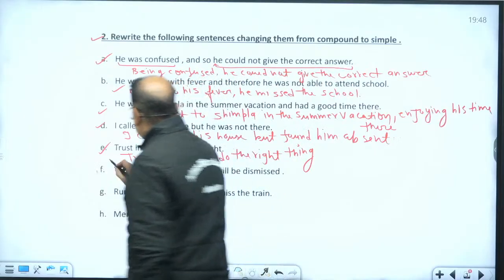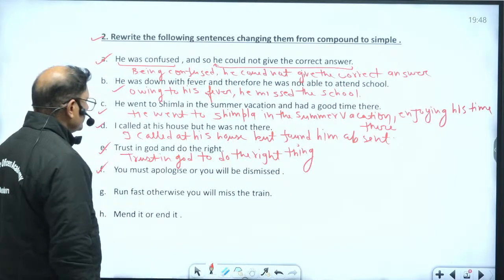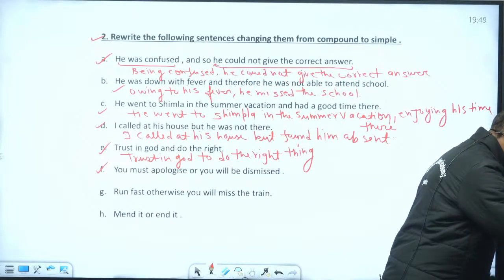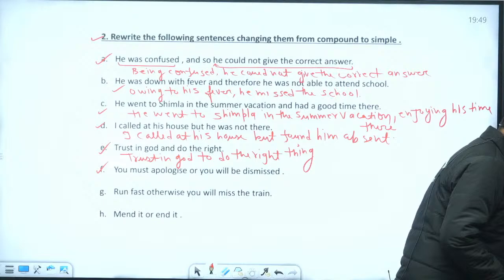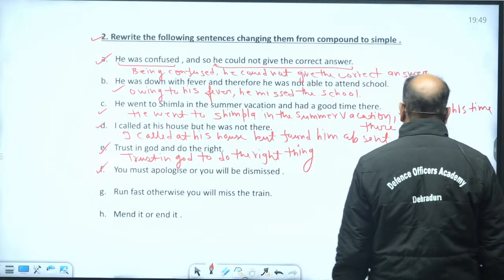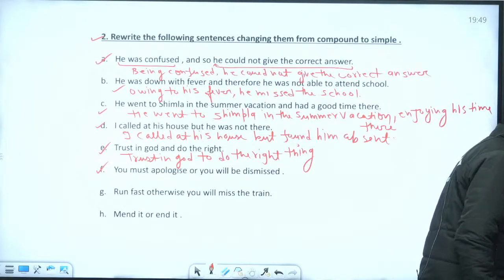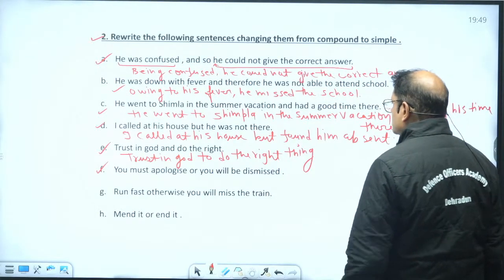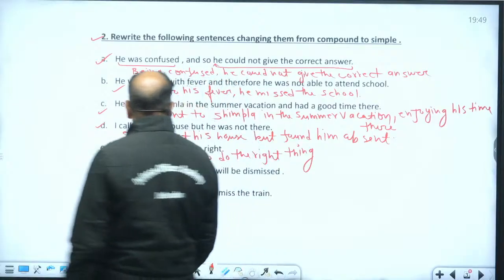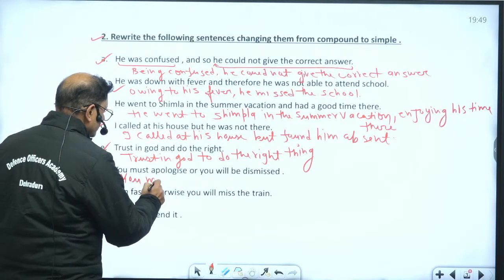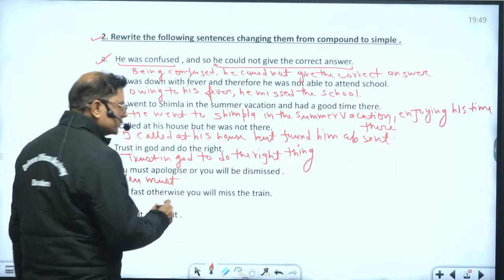Number F, you must apologize or you will be dismissed. You must apologize.